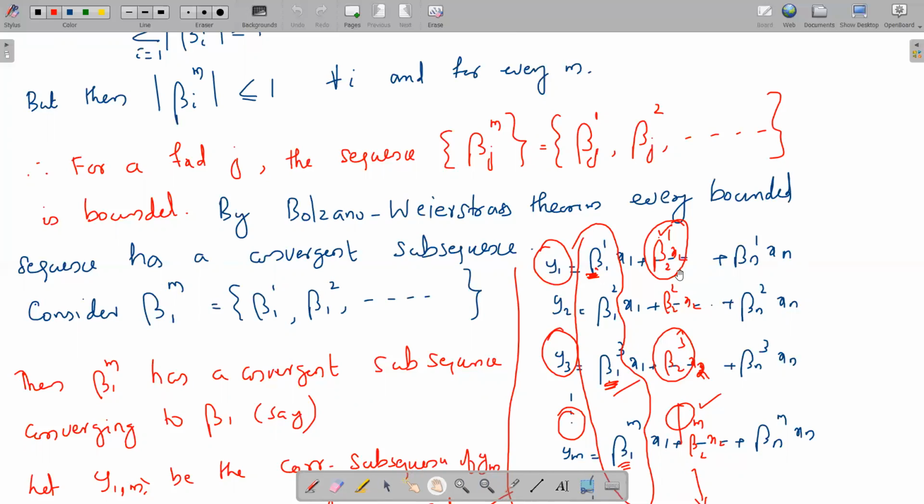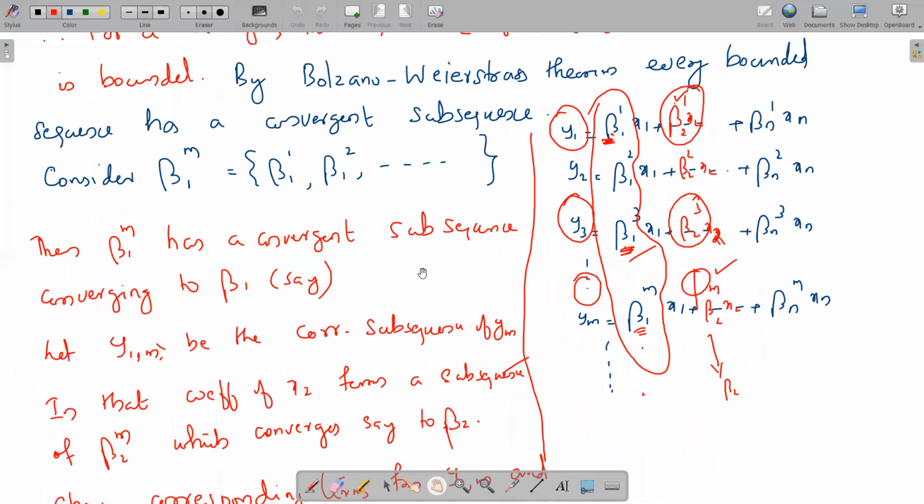And similarly, for every j, the coefficients of x2 form a bounded sequence, etc. Coefficients of xn form a bounded sequence. And by the Bolzano-Weierstrass theorem, every bounded sequence has a convergent subsequence. Therefore, this beta 1m formed by the coefficients of x1 has a convergent subsequence, say converging to beta 1.